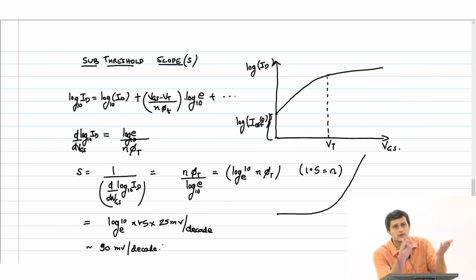There are practical considerations, and you are limited by this 90 millivolt per decade in planar technologies. In FinFET technologies, people have been able to take this down to about 60 millivolt per decade. So how good the transistor is as a switch, the on-off behavior, will be determined by this particular number.